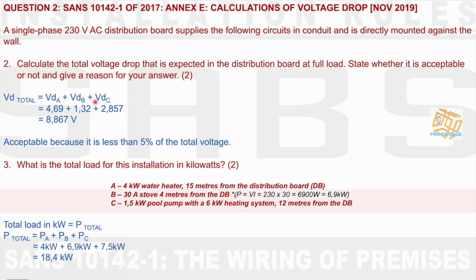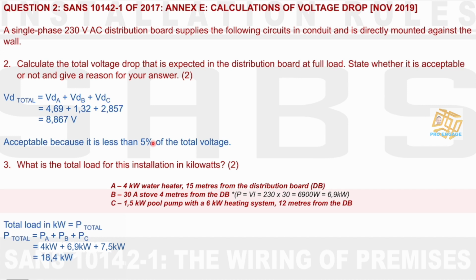So the sum of all the voltage drops is VD total. I add it up and I find that my voltage drop at the DB is 8.869, literally 8.9 volts. This is acceptable because it is less than 5% of the total voltage. That's a great answer. Again, coming back every time to that maximum allowable voltage drop.